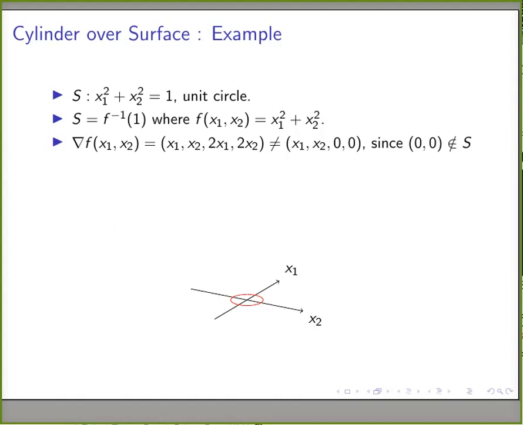But you should remember that for any surface, there exists a function of this nature, but this function is never unique. If I take f of x1, x2 equal to x1 square plus x2 square minus 1, then S is equal to f inverse of 0. Again, if I take f of x1, x2 equal to 2x1 square plus 2x2 square, then again S is equal to f inverse of 2.